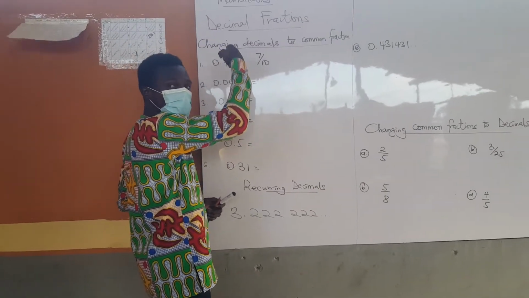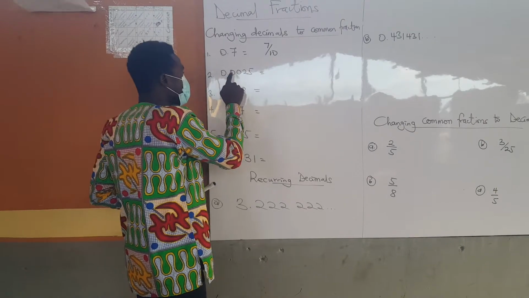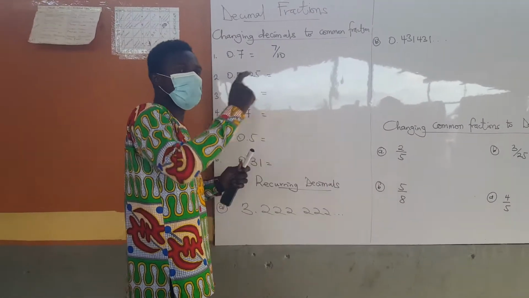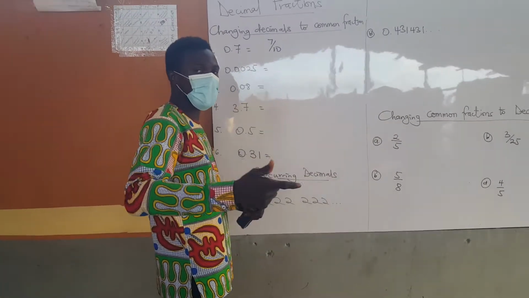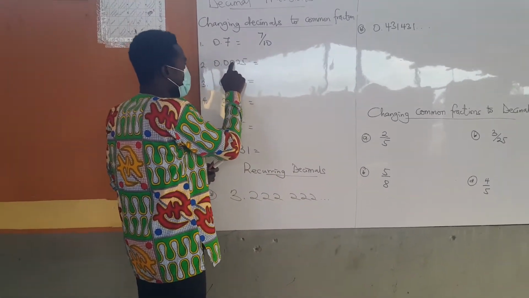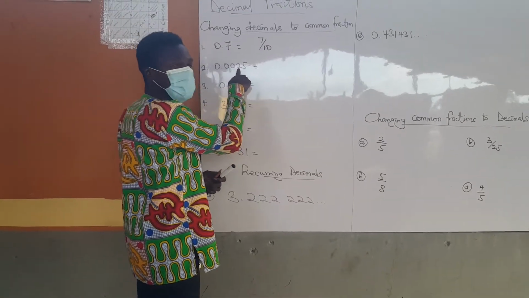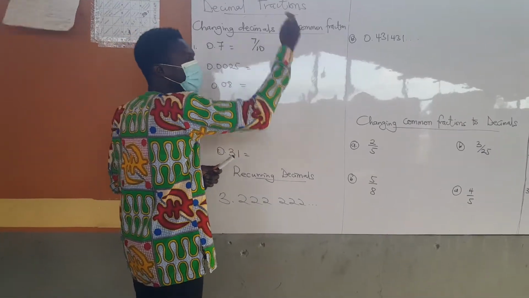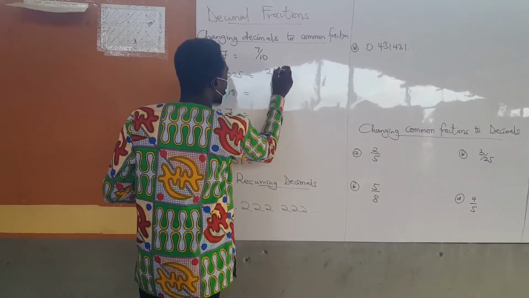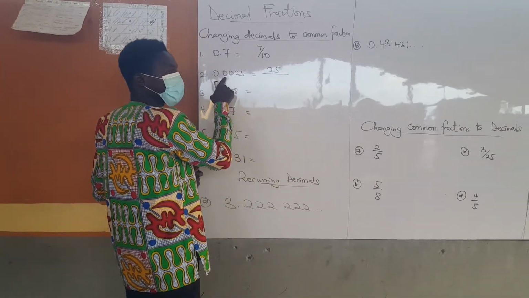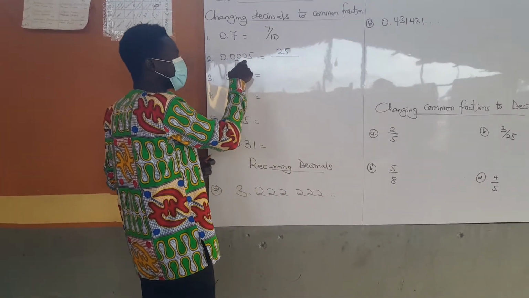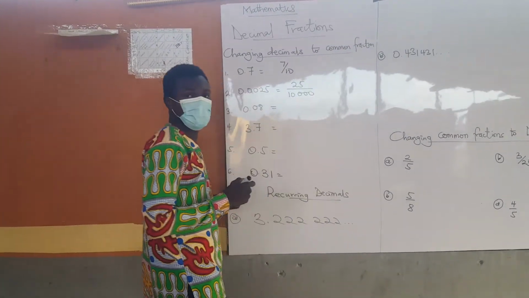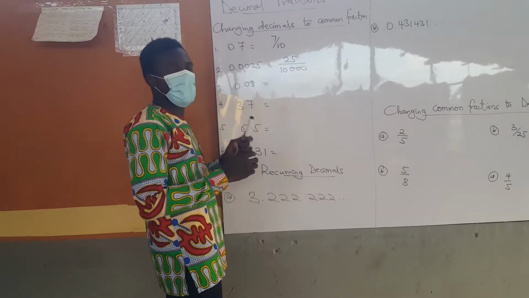After the decimal point, the first number is tenths. The second number is hundredths. So this is tenths, hundredths, thousandths, ten-thousandths. So I'm going to write 25 over 10,000. Changing this into common fraction.